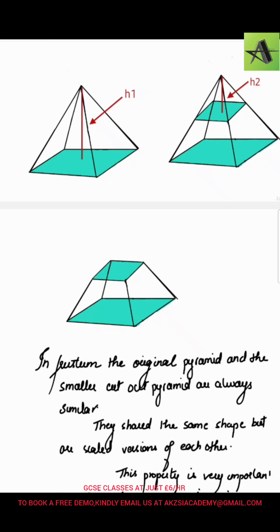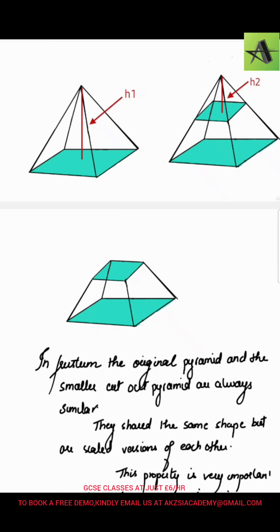So the small pyramid that you cut off and the bigger pyramid which was originally there, they both are similar figures. That means their shape is exactly the same, their angles are exactly the same, only the difference is in their size, and every corresponding side is proportional. So there is a length scale factor.